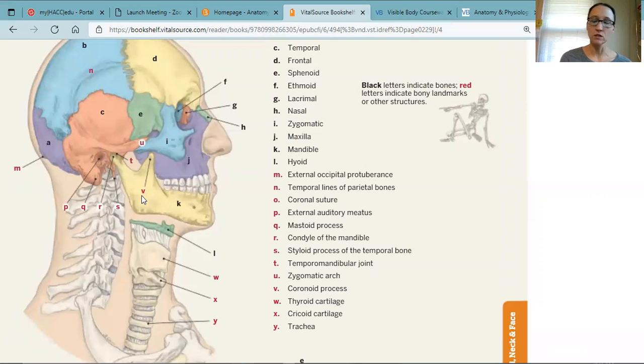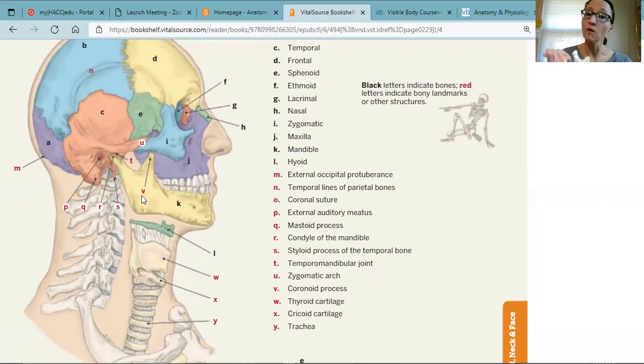All right, if we move into the mandible specifically, we have some landmarks, as I mentioned. We have this lovely piece right here, which is the ramus of the mandible. And we have this lovely piece right here, this point here, which is the coronoid process of the mandible.